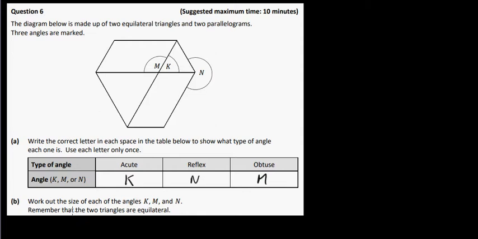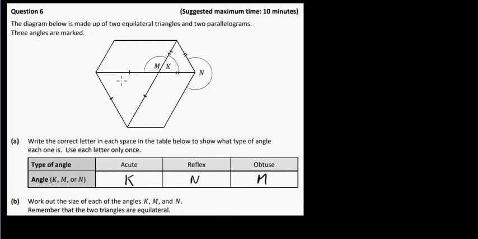Okay, so work out the size of each of the angles K, M and N. Remember that the two triangles are equilateral, so they're telling you again that these things are equilateral. So if this triangle is equilateral, it means all the sides are equal and all the angles are equal. So that side is equal to that side is equal to that side. Here in this case we would be looking at that side being equal to that side being equal to that side.